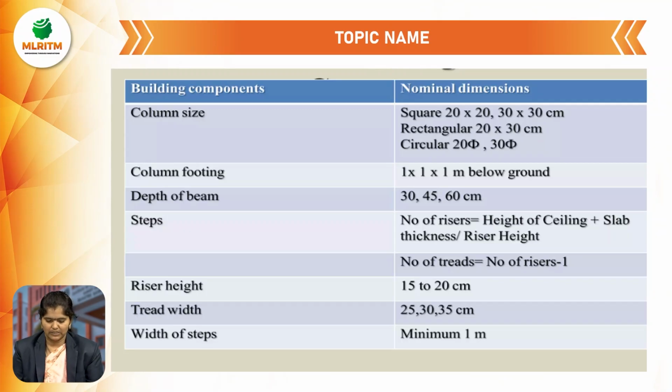Tread width 25, 30, 35 centimeters. Width of the steps minimum 1 meter, depending upon the space in our construction practice. If we have more space, we can construct 1.5 meters or 2 meters also.